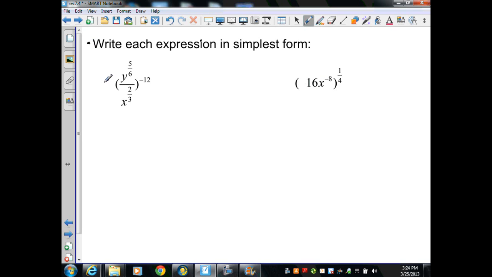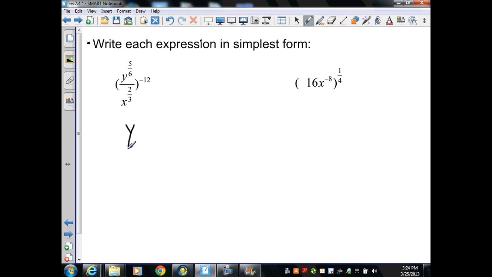Again, I want to write each expression in simplest form. Here I have the quotient of y to the 5/6 over x to the 2/3, all taken to the negative 12th power. I'd like to simplify inside my quotient, but my bases are not like, therefore I cannot apply any of my properties. But what I can do is go power to the power with the exponent in the numerator and denominator, or in other words, multiplying each times a negative 12.